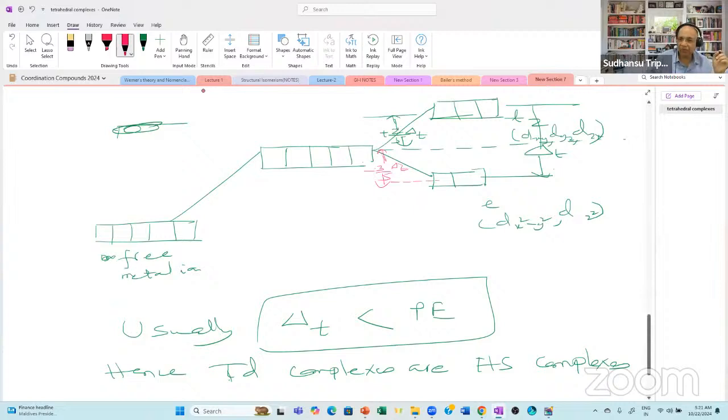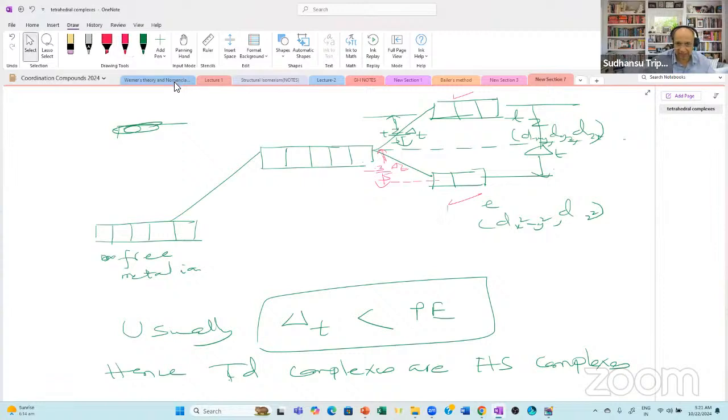Because in the upper part there are 3, the lower part 2. So as much energy the 3 T2 orbitals will gain, the same will be lost by 2 E orbitals, so that there will be no net increase or decrease of energy, conservation of energy.